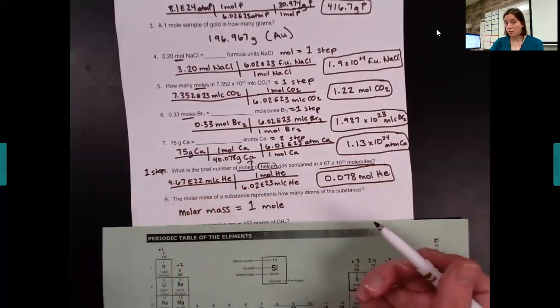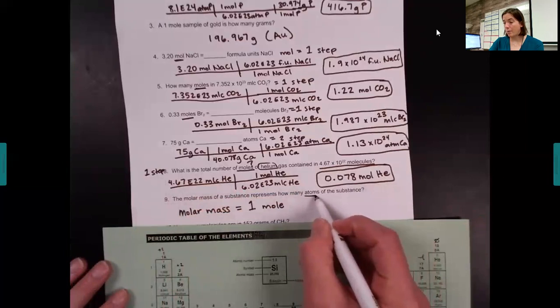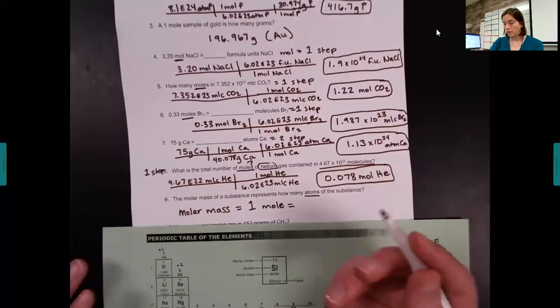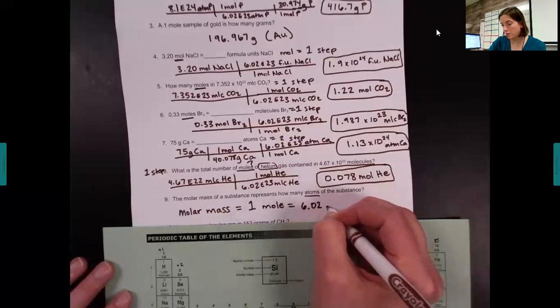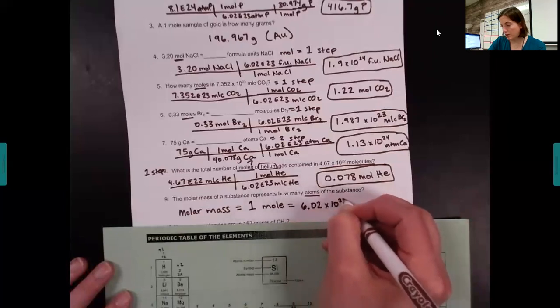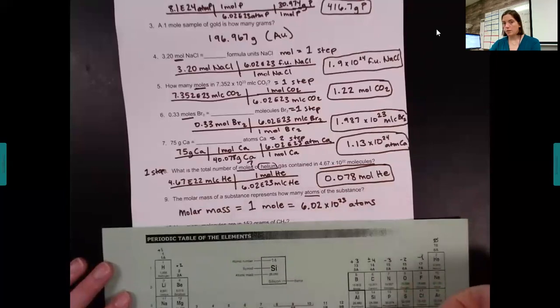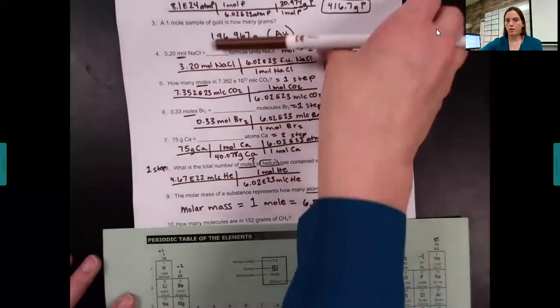It's not asking how many moles the molar mass represents. It's asking us how many atoms. Do you remember how many atoms are represented by 1 mole? Yeah, Avogadro's number: 6.02 times 10 to the 23rd atoms. That's how this question wants you to think, to tie together things that you know.